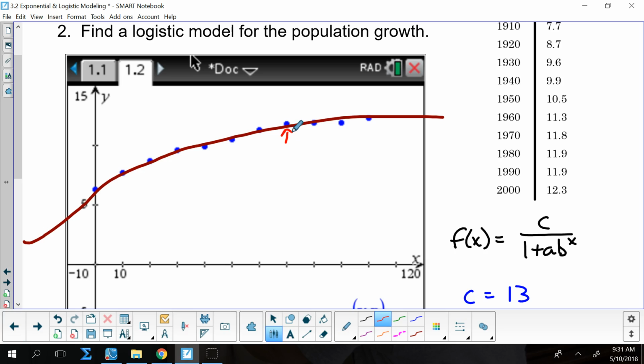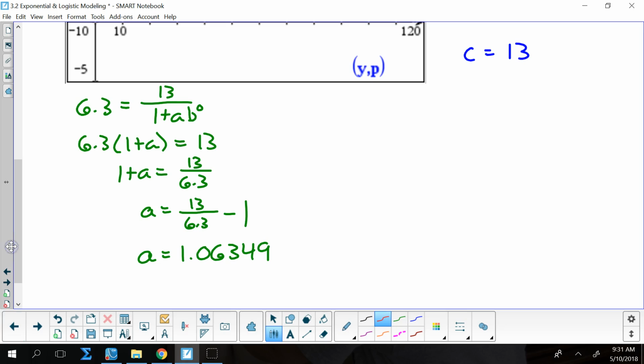So that is 10, 20, 30, 40, 50, 60, 70. Okay. Do it the exact same way here. 11.8 is going to equal 13 divided by 1 plus A times B to the what power? 70th power.